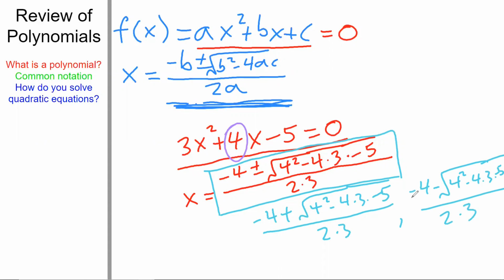That's what the plus or minus sign means. If I plug either of these numbers back into our original equation here, then the left side would equal 0. That's basically what the formula is telling you.